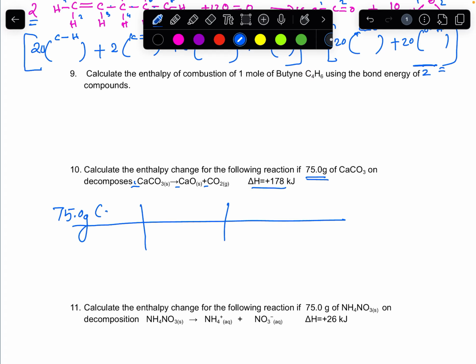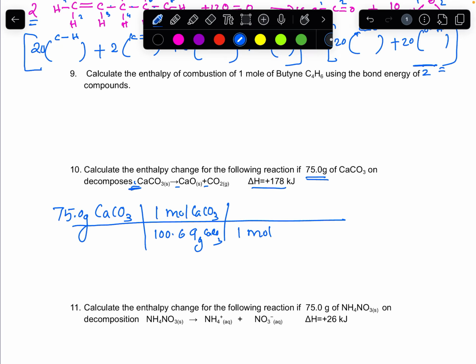Always the given number will go on the top left corner, and to find the molar mass of calcium carbonate, I think 100.09, I don't have a periodic table right now with me. So you add all of them, that is 1 mole of calcium carbonate, right?